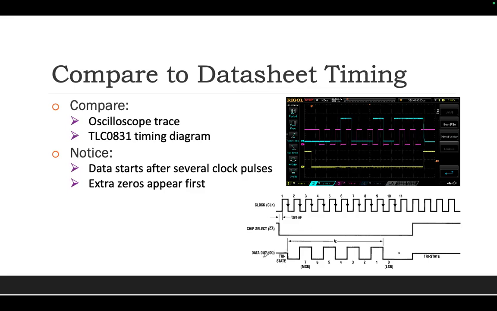You can see here, this one is what we talked about in lab 4, am I right? This one is the ideal situation, and this one is what you observed from the oscilloscope. You can try to compare those two. And you can see the data starts after several clock pulses.